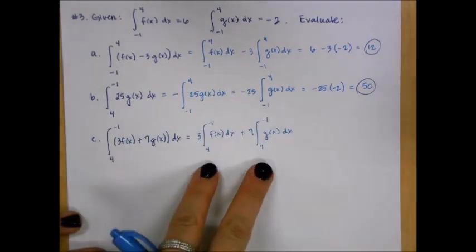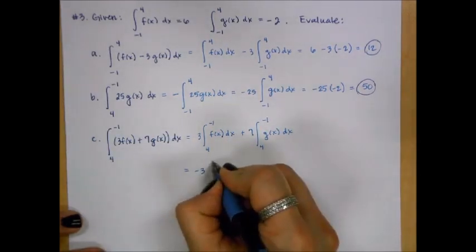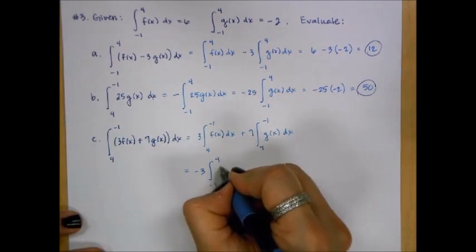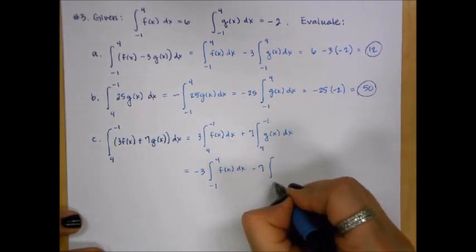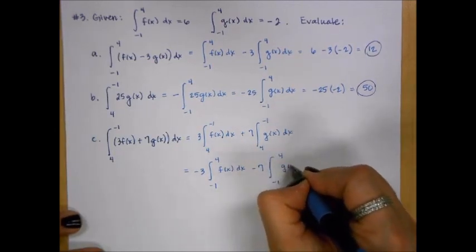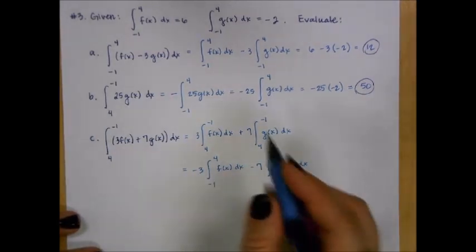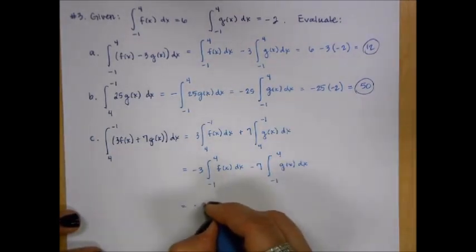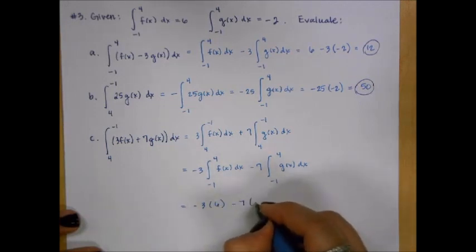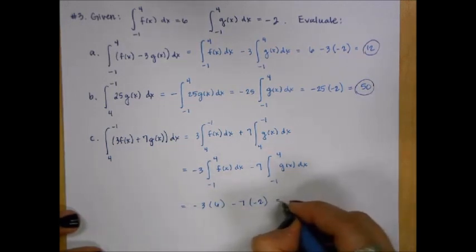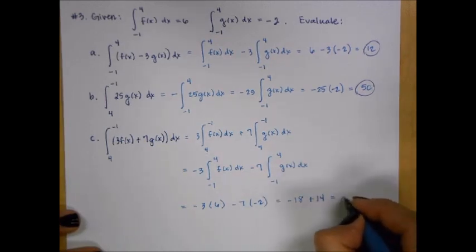So this is now -3 times the integral from -1 to 4 of f, minus 7 times the integral from -1 to 4 of g. Then we can make our substitutions from the given values. So we have -3 times 6 minus 7 times -2. And we get a final answer of -4.